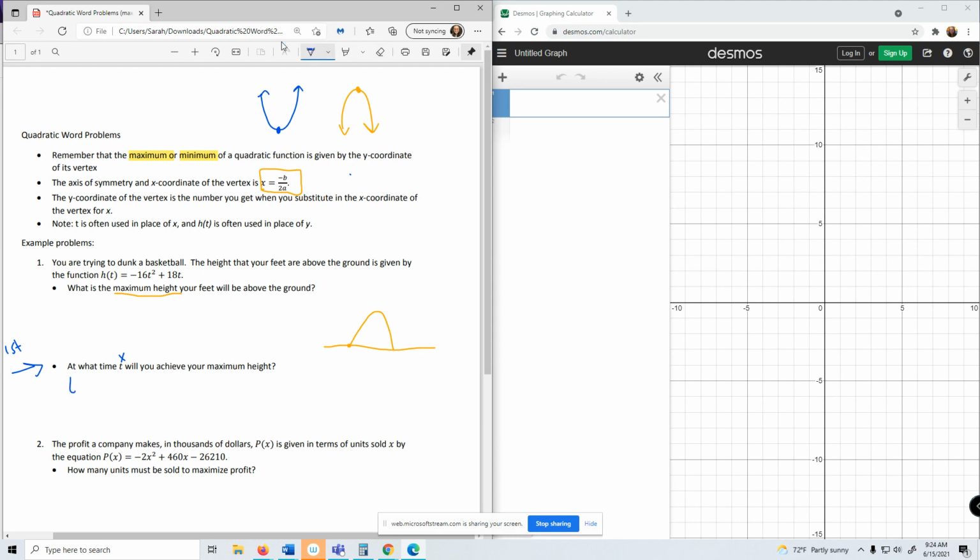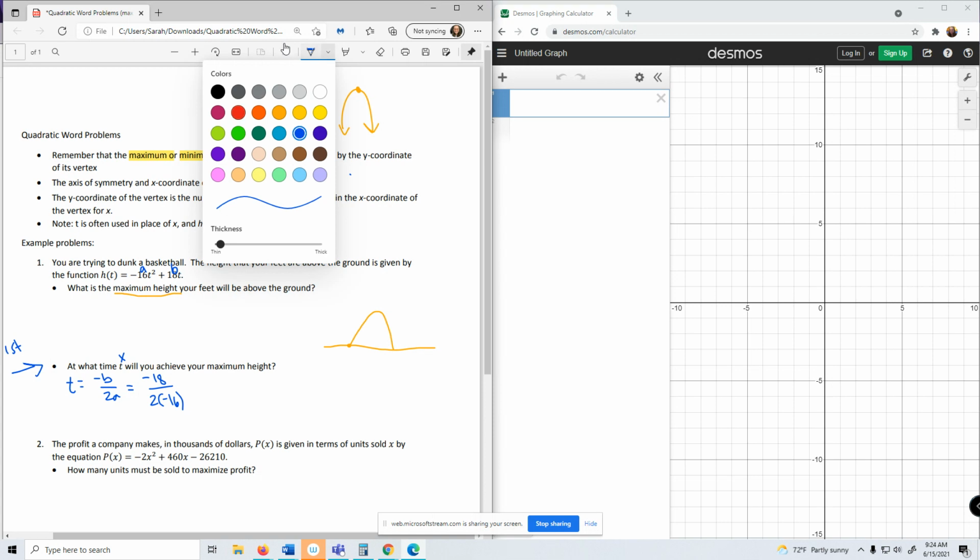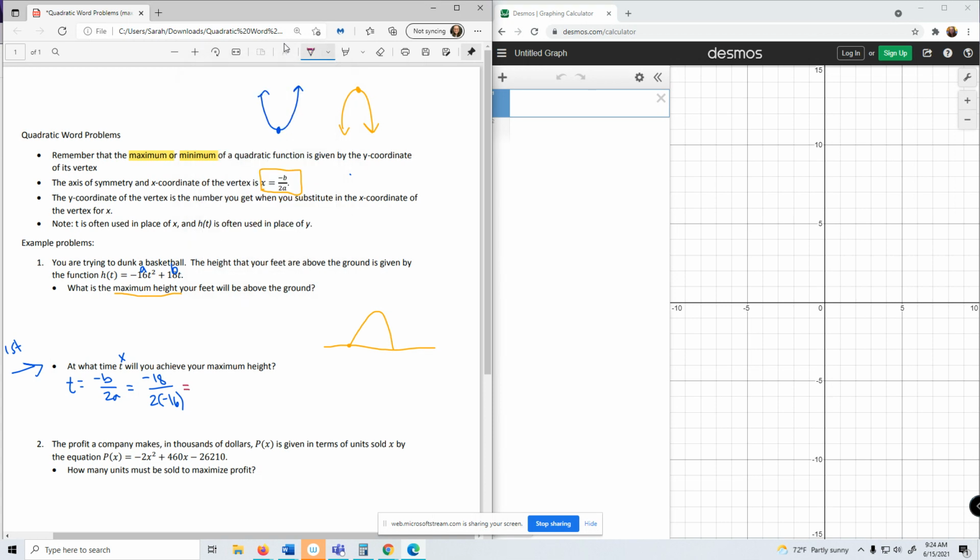We can say t instead of x equals negative b over 2a. b is the number in front of regular t here, so negative b is going to be negative 18 over 2 times a, which is the number in front of t squared, so negative 16. Simplifying that out, we get negative 18 over 2 times negative 16, which is negative 32.